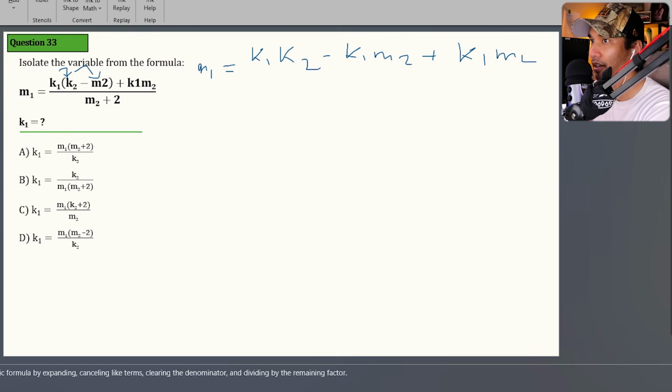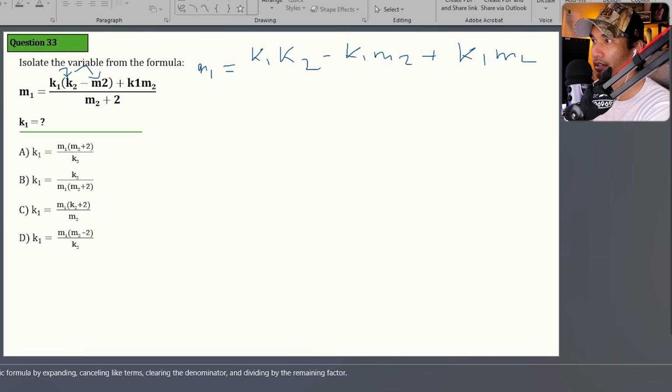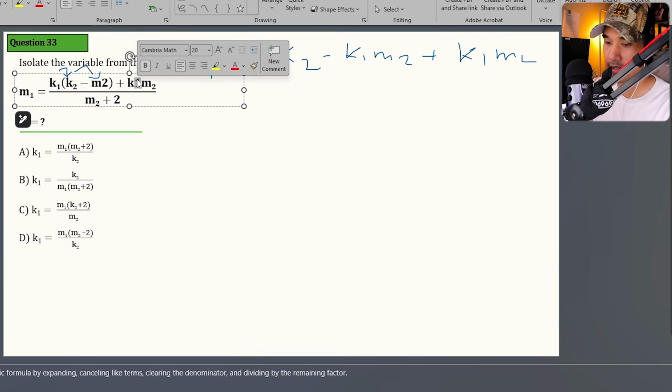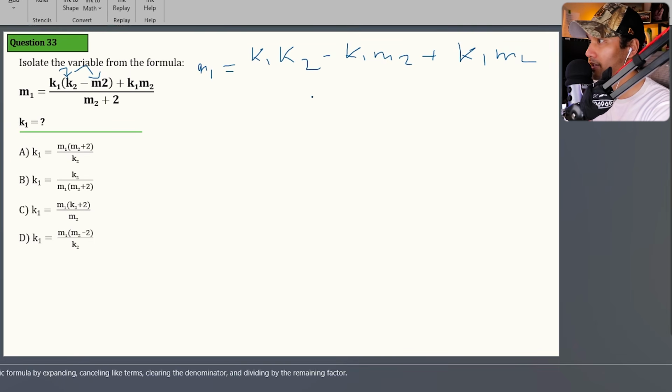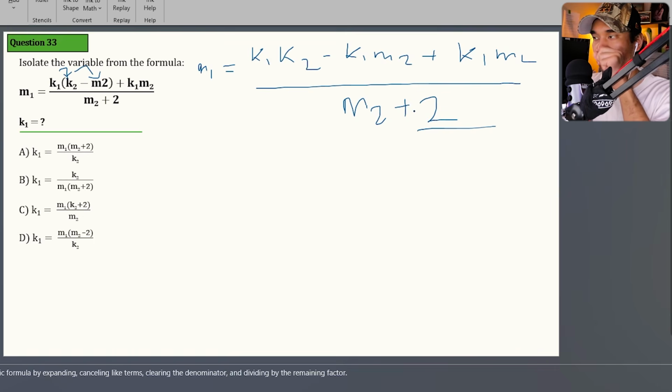I think I formatted this wrong. Let me just fix it actually. Sometimes this messes up. Okay, perfect. And then we're going to put this all over m2 plus 2. I'm just going to underline that 2 so we don't get confused.